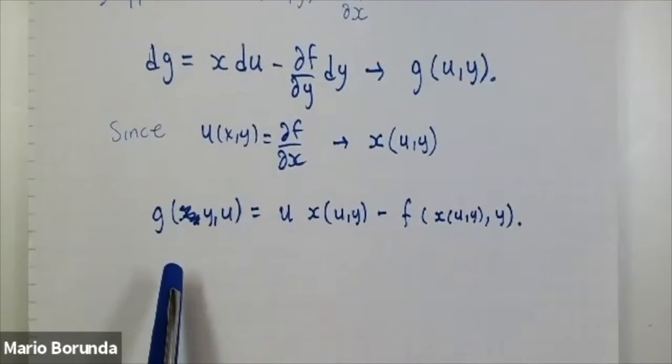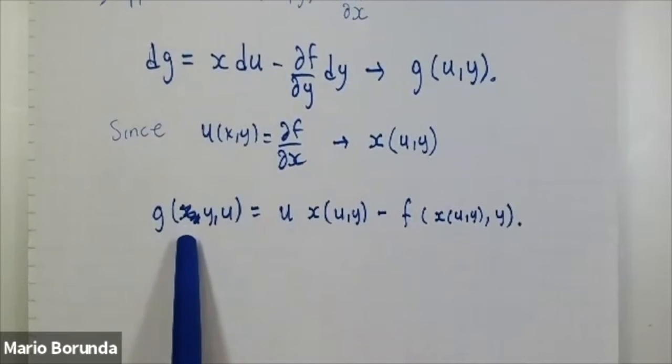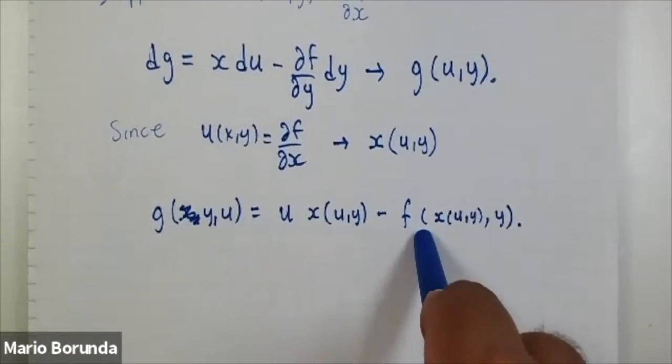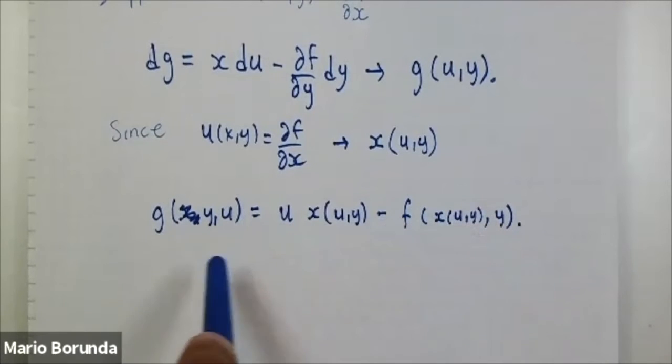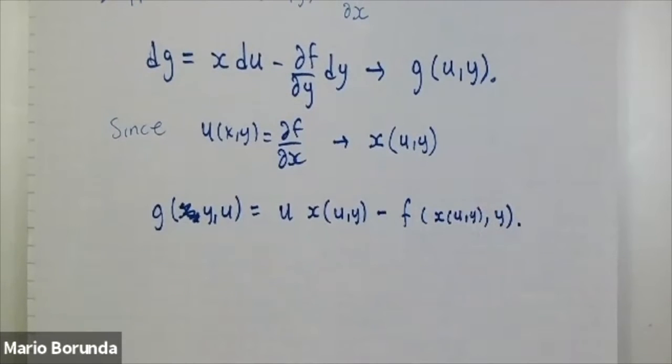And the important thing is that if you have G, you can get F. If you have F, you can get G. So how do you recover one from the other?